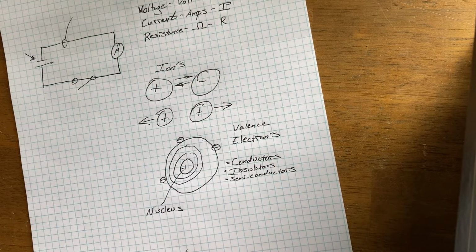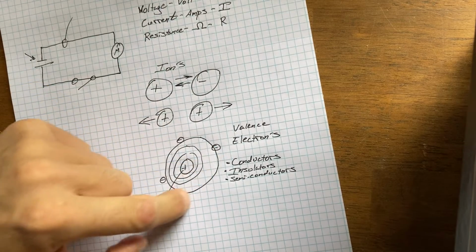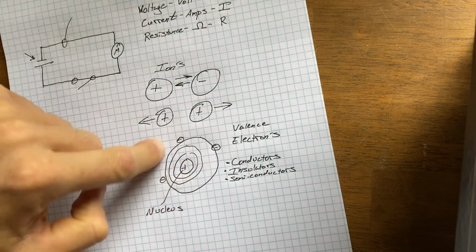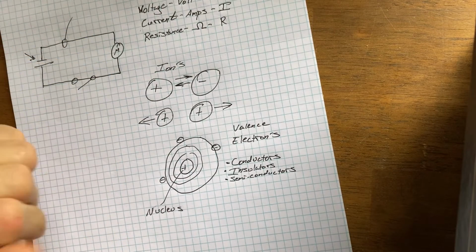An insulator is going to have 5 or more valence electrons, and a semiconductor has 4 valence electrons. So the more valence electrons in this atom, the more it becomes an insulator.